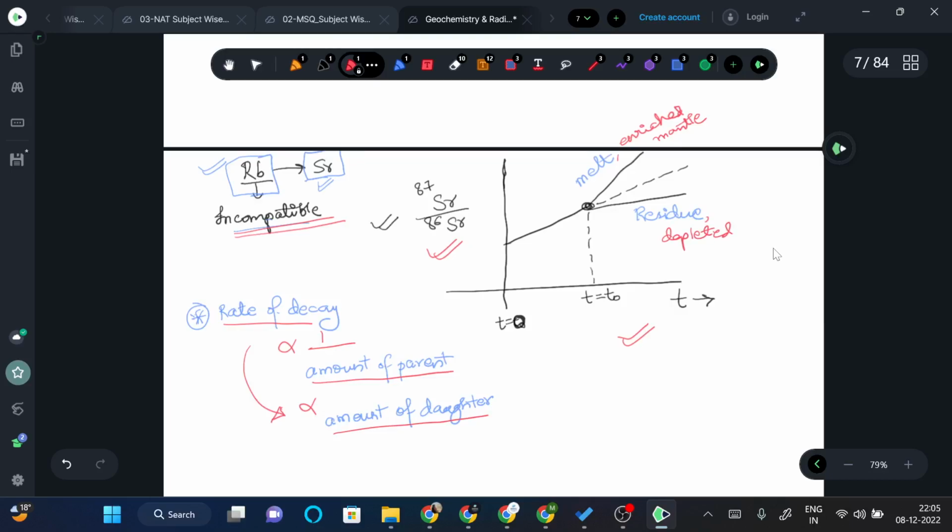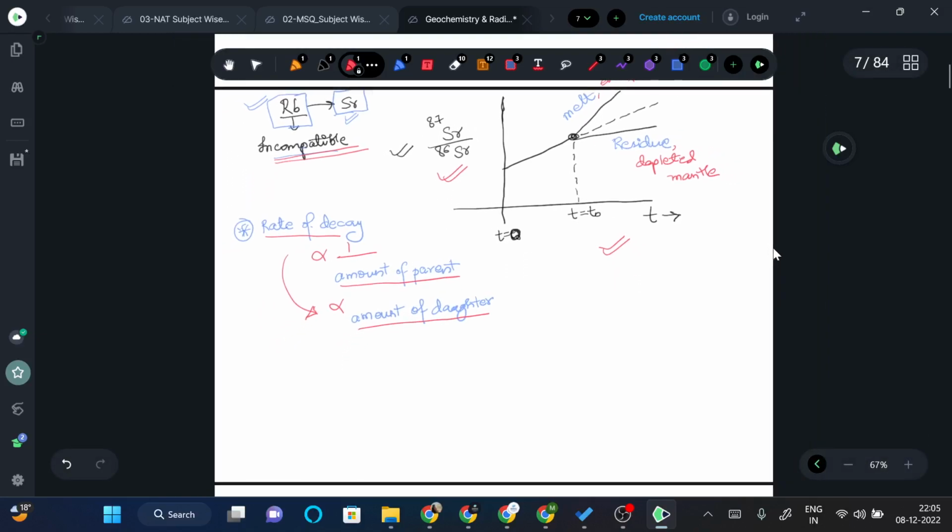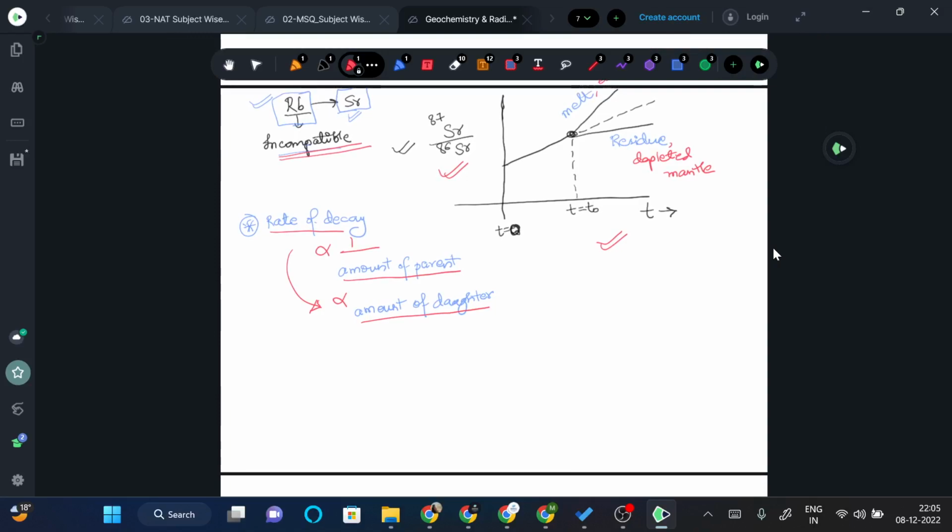Now in the graph of Sm-Nd, this will be absolutely reversed, because there Nd is the one that is more incompatible. Now if we talk about Sm-Nd quickly here, samarium gives neodymium. So here this is more incompatible.